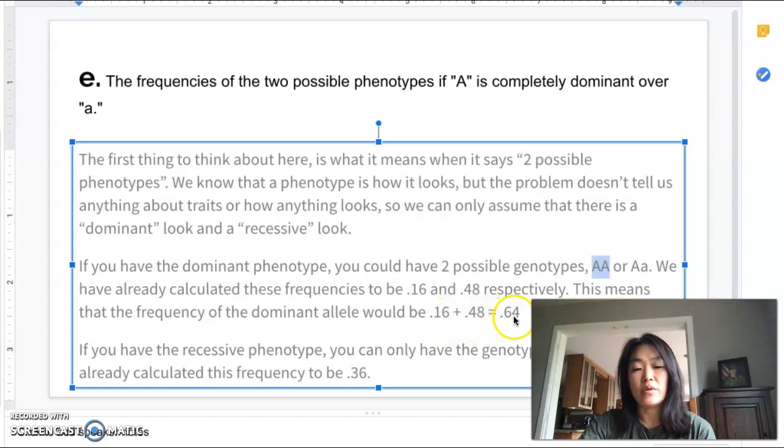We add those together and we get 0.64. And then finally down here, the recessive phenotype is something we've already calculated that was actually given to us in the very beginning of the problem, and that's just good old 0.36. All right, so that's the run through of each of the letters of this problem.